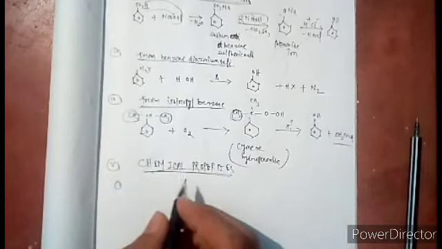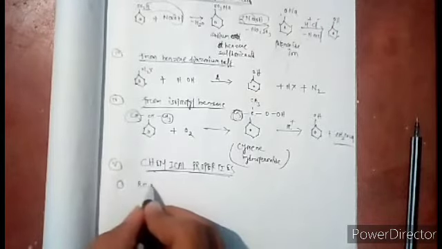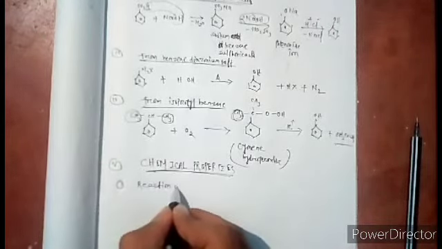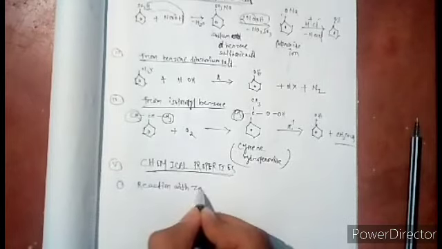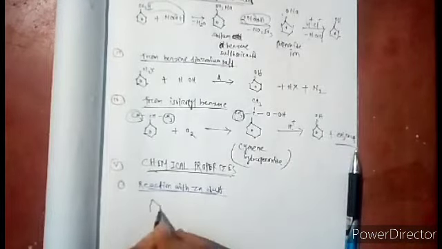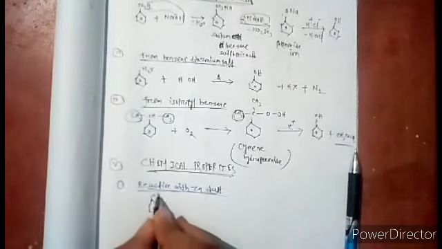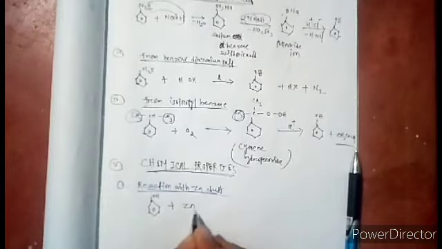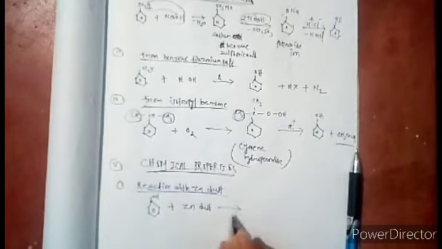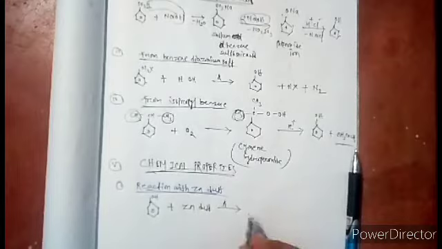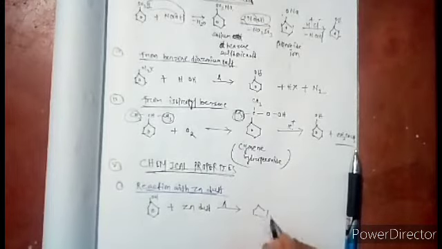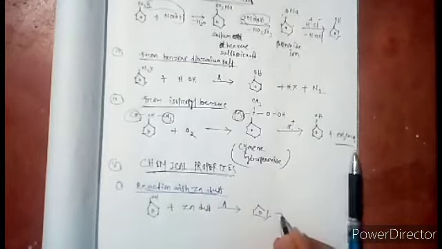The first reaction is the reaction with zinc dust. When phenol reacts with zinc dust in the presence of heat, it results in benzene plus zinc oxide.